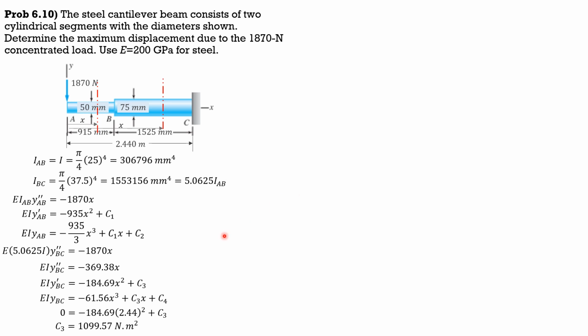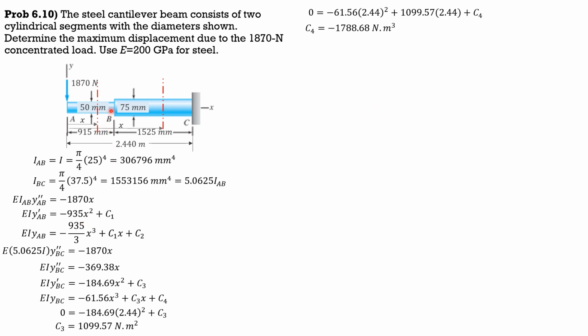This is the first slope. Then into this equation here, when x is 2.44, y at C is 0. So 0 equals negative 61.56 times 2.44 cubed plus c sub 3, which is 1099.57, times 2.44 plus c sub 4. So we can now solve c sub 4. C sub 4 is equal to negative 1788.68 Newton meter cube.